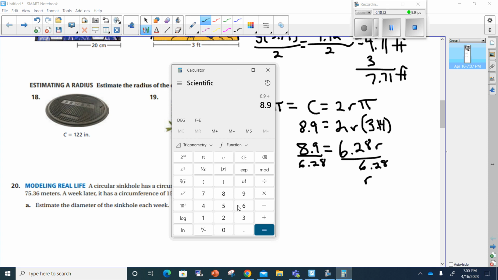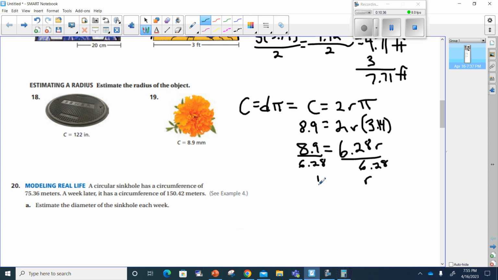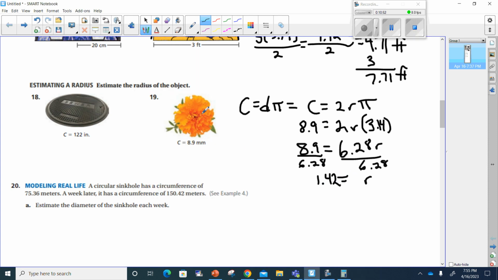It gives us, wow, to round the number, estimated, okay, I'm going to go with maybe 1.4 for radius. I guess I could round this one up to 2 if I wanted to be closer. It doesn't really say what to round it to, but let's just go with the nearest hundredth, okay? So you can apply that to number 18, round it to the nearest hundredth.